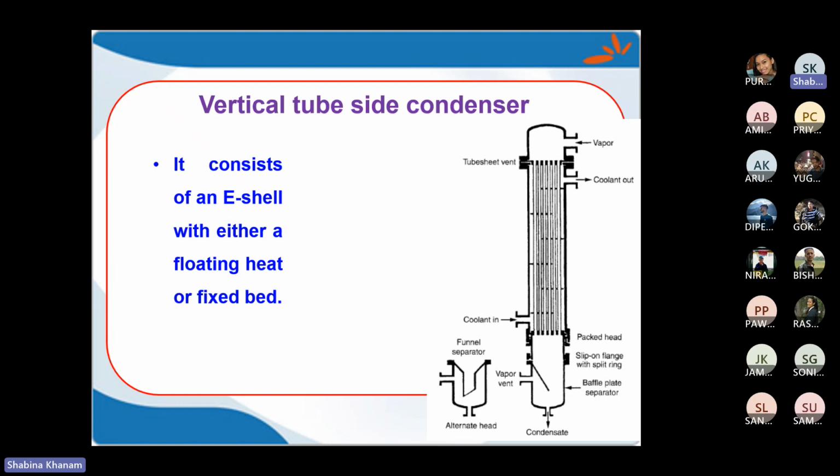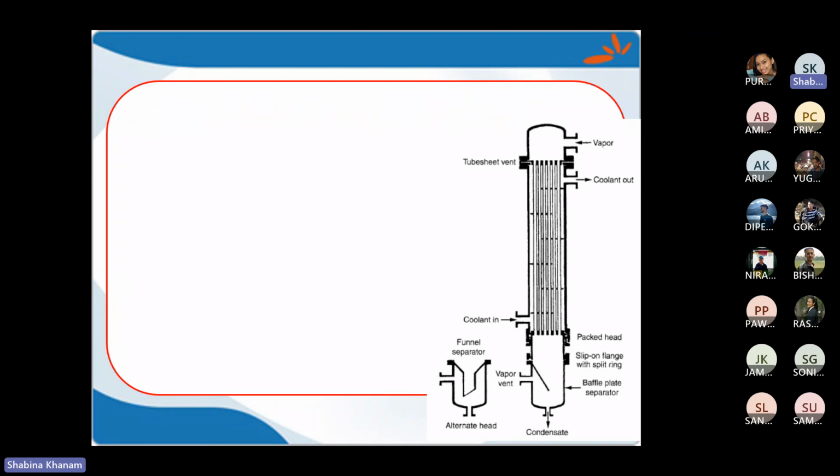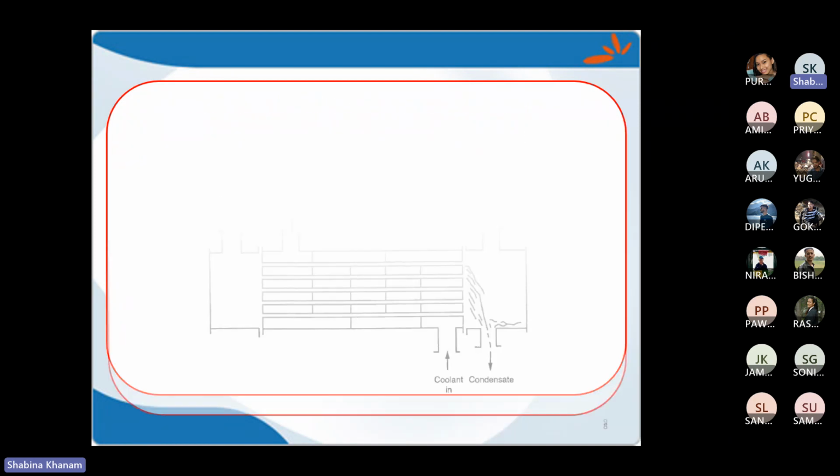So here, in the vertical tube side condenser, vapor enters from the top, and it proceeds down along with the condensate. And if you see here, I'm having a little bit different assembly. If you consider this side as well as this side, and it is only in the vertical tube side condenser, not other condensers, as you can see before.